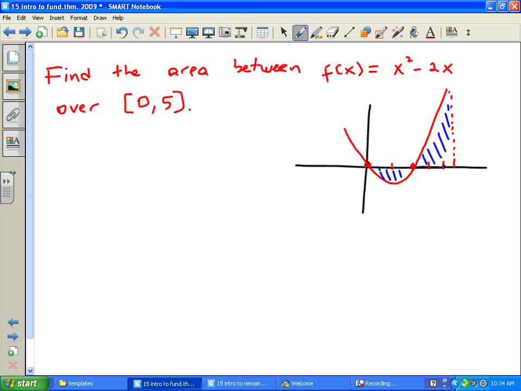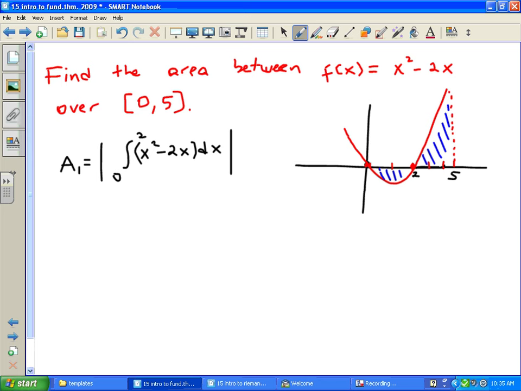So the way to set this up is, first, let's say A sub 1, the first area will be the absolute value of which integral? 0 to, right, the intersection point there is 2. So integrate from 0 to 2 of f of x dx. In other words, x squared minus 2x dx. Whatever the answer turns out to be, at the very end, take the absolute value.